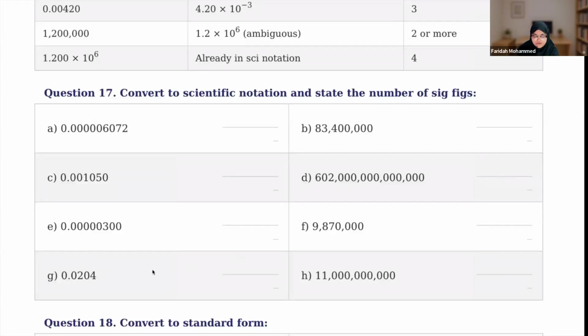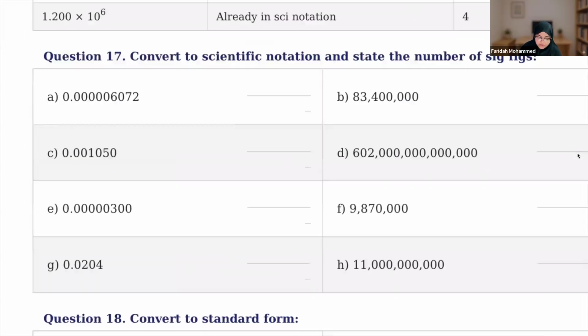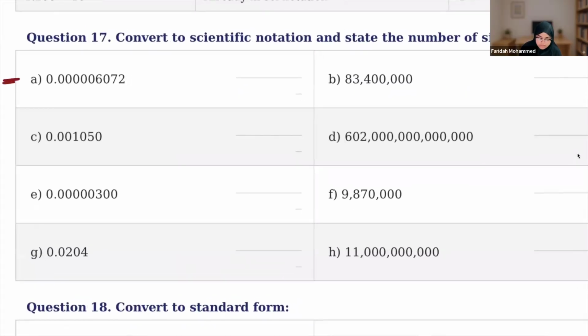Do you know how to convert into scientific notation, Akshin? Do you want me to explain? Yeah? Okay. So for example, when you want to convert this one, A, this is a normal number, you want to convert it into scientific notation. First you have to make sure of the first number, because there are two numbers that get multiplied together.